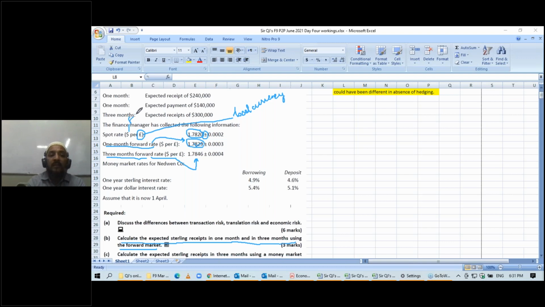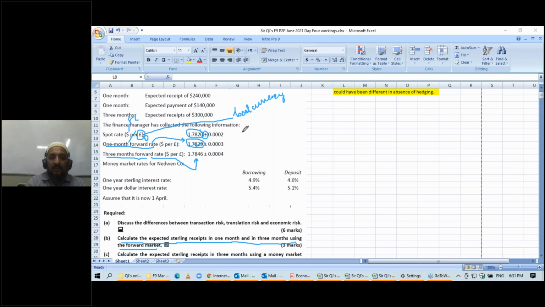So this can be read like this, dollar per sterling. In the denominator you are getting sterling, which is their local currency. This is a UK based company. So in that case, these are rates of local currency. So they will always sell at a higher rate and buy at a lower rate.